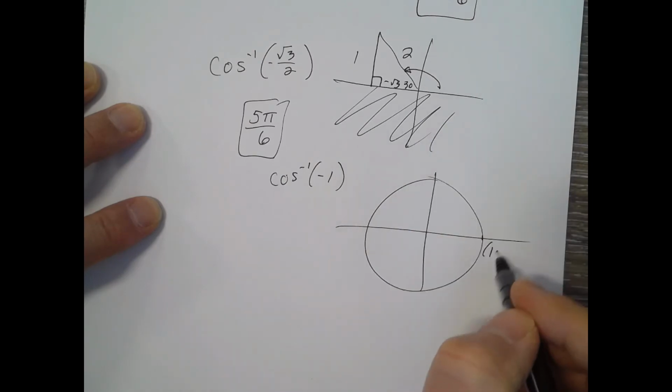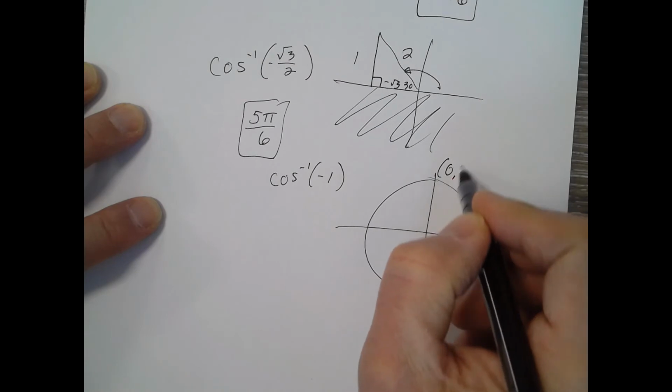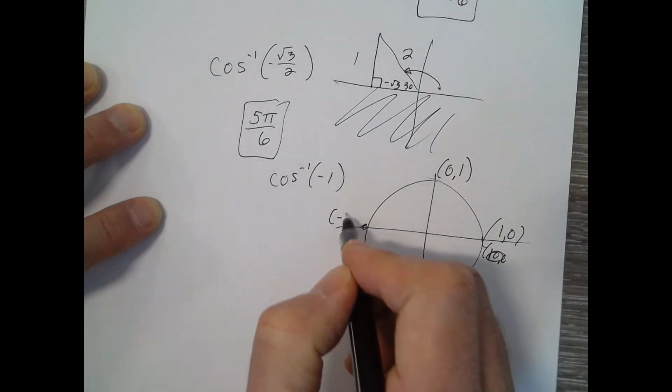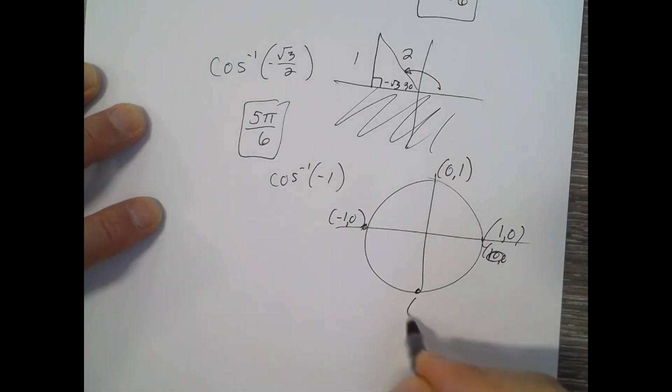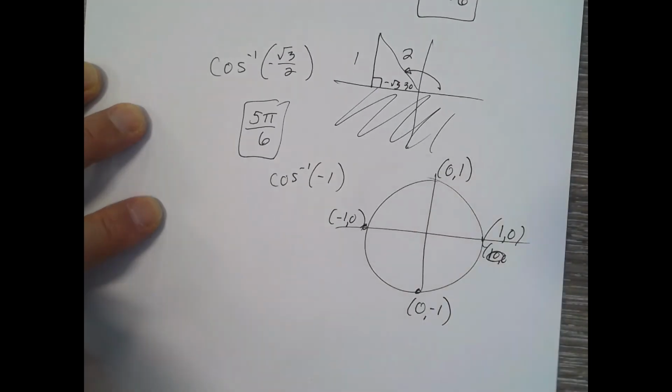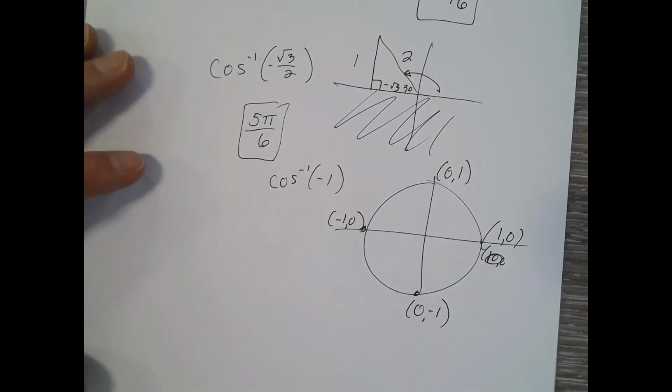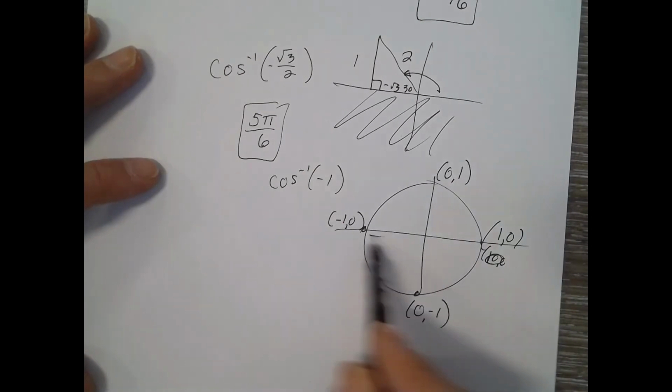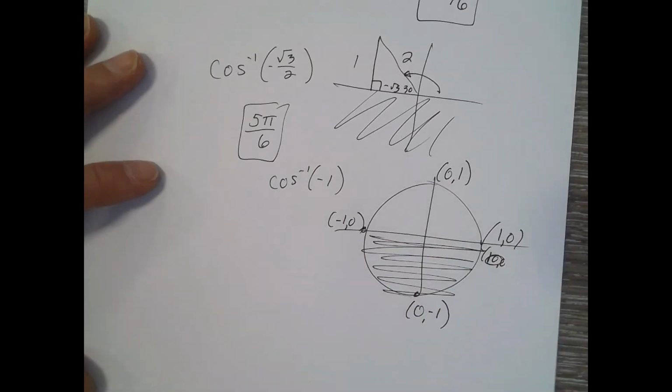That's 1, 0, 0, 1. We haven't been very good on this this whole chapter. Okay, what angle here has a cosine of negative 1? Well, we already know that it doesn't exist down here. Cosine is the x value. So where is the x value negative 1?